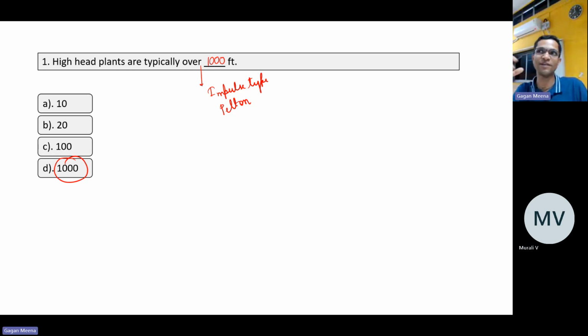But when the head is low, that kinetic energy is not sufficient to produce an impulsive force. So that's why another mechanism, the reaction turbine, is different. Their principle of operation is different. They don't use this impulsive force. They use another concept.